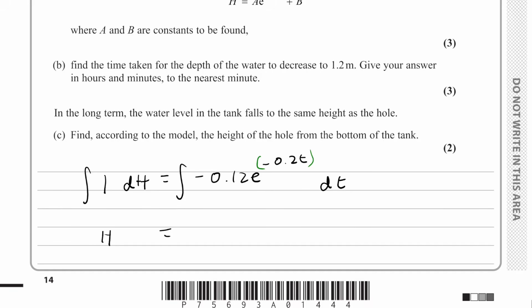Negative 0.12 over negative 0.2 is 12 over 20, which is 0.6 or 3/5. Let's do 3/5 e to the power of negative 0.2 t, and then we're going to plus c. And we can use the information we're given to find c.